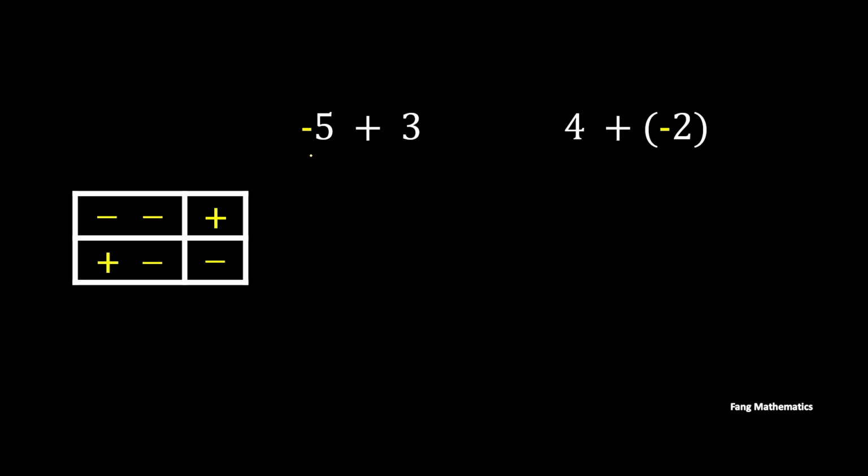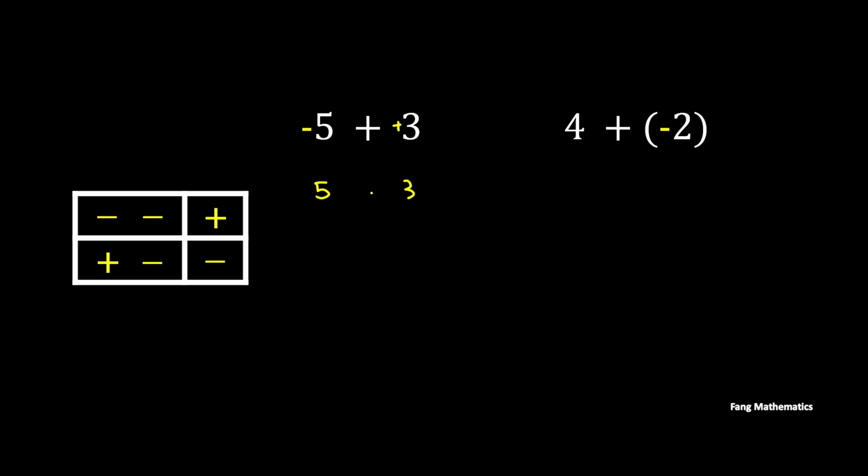So you get minus 6. And let's look at the second example we have. You should see that they are different signs. The first you have minus 5, while the second is plus 3. So if they are of different signs, you are to ignore the sign first. So minus 5 now is 5, and 3 is now 3. You are to use the bigger number minus the smaller number.